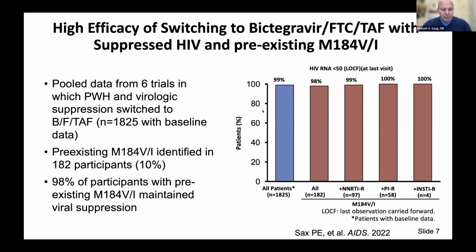I have a question back. You're right, these data were generated from bictegravir. Do you think the same thing would hold true for other regimens with a potent anchor drug like bictegravir, dolutegravir, et cetera, with FTC and, or let's just call it, FTC and TDF or TAF?